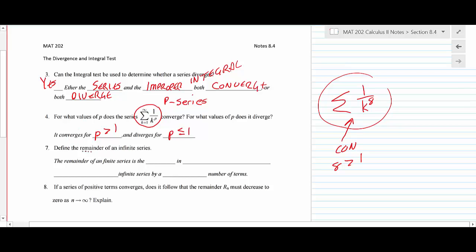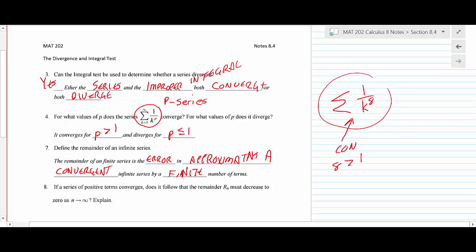Now we want to look at the remainder of the terms. I want to do one more here, and I'm not going to get into that number 8 very much. The remainder of the infinite series, we usually just call that the error in approximating a convergent infinite series by a finite number of terms.